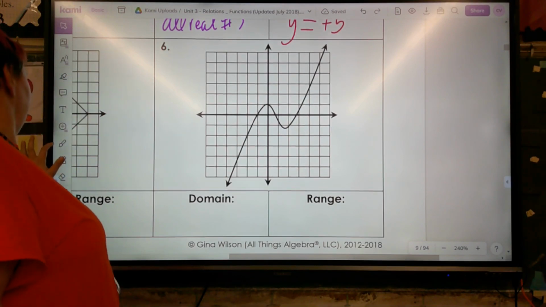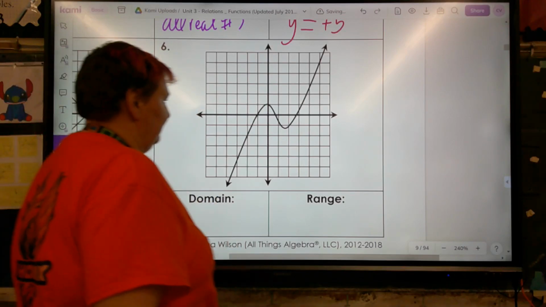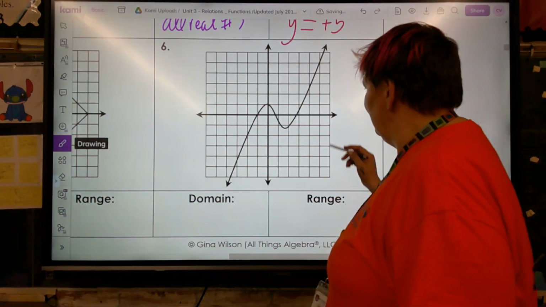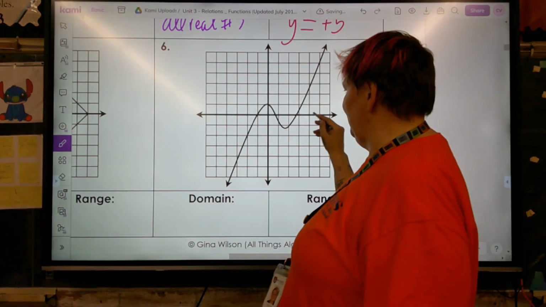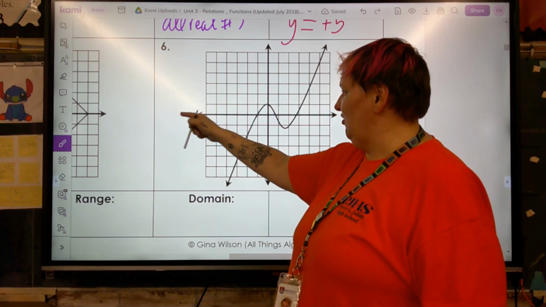Ooh, that one's interesting. All right, we might have to think about this one for a second. Okay. So on this, it's going to hit all of these, and it's going to go forever in this direction. So it's going to hit all of these.